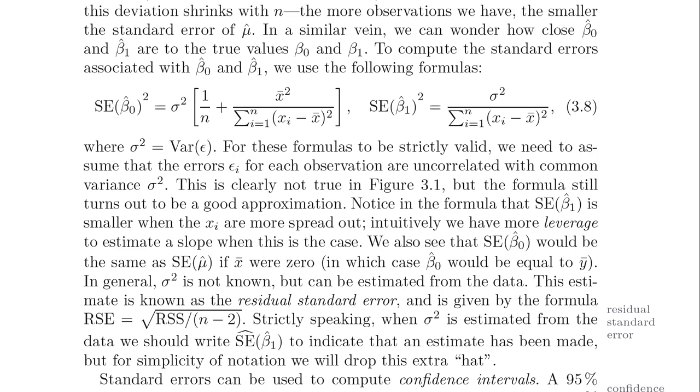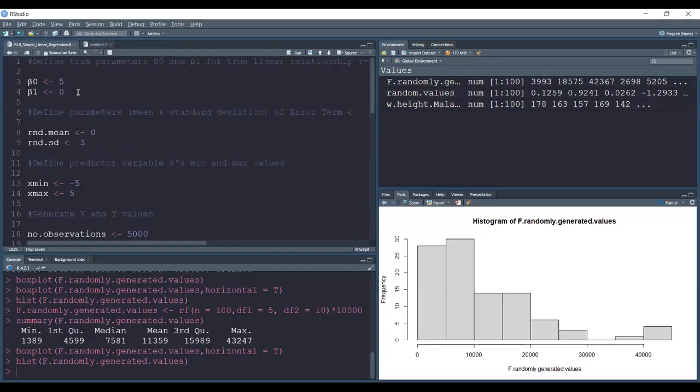Now in practice, you wouldn't know sigma, just like you wouldn't know the true relationship. Although we have been coding recently where we assume that we know these. You assume that you know your true beta naught, your true beta 1. You assume that you know your error term's standard error. In practice, you don't actually know it.